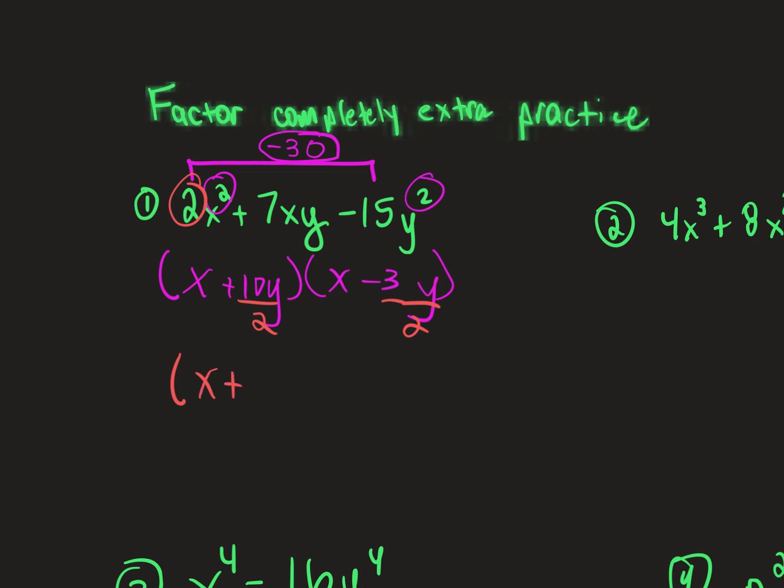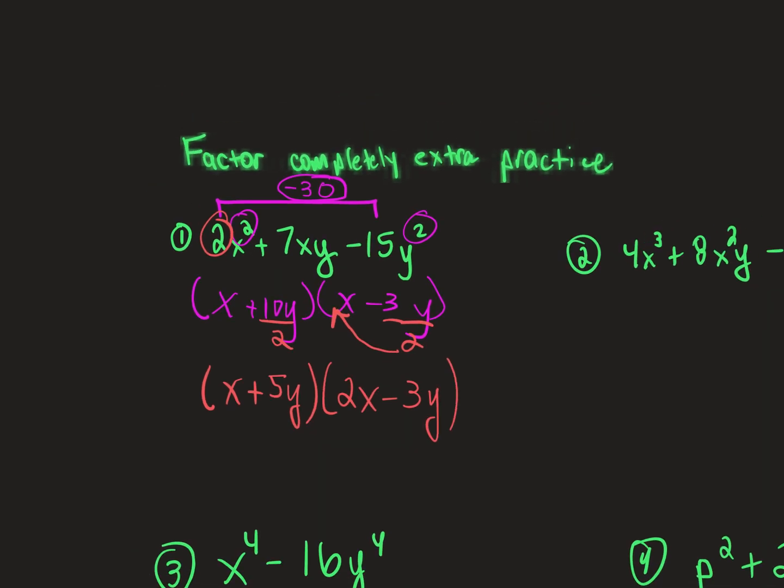So this binomial is going to be x plus 5y. And does negative 3 divide by 2 nice and pretty? No. So then this 2 is going to come out here and become our coefficient of the second binomial. So 2x minus 3y. And again, guys, whatever you get as your answer, you can always FOIL it back together, and you should end up with what you started with.